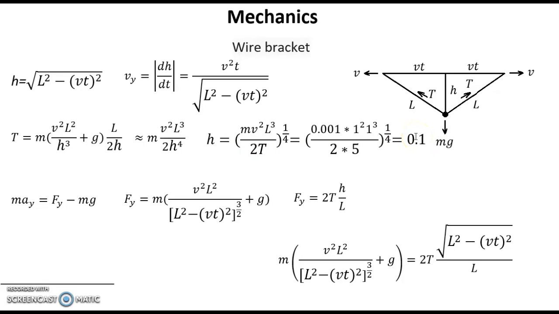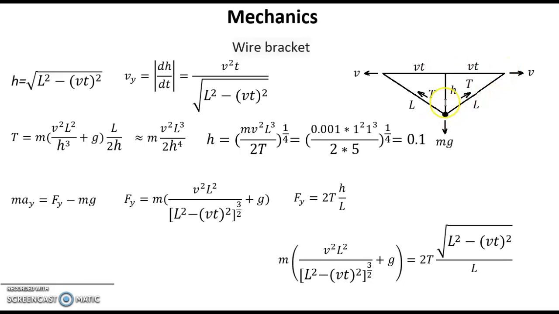Now, next step, we can find the speed at this point of break. Look at this formula for speed. Here we have v square multiplied by t, but v multiplied by t is the length of this part.